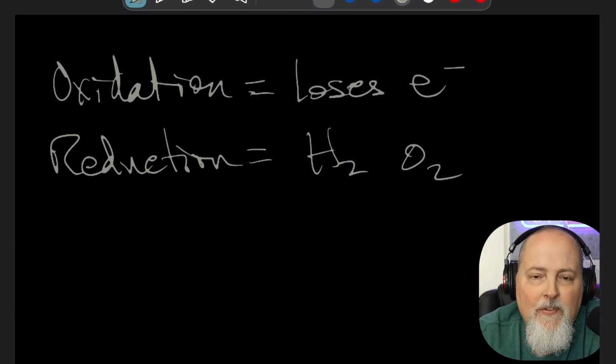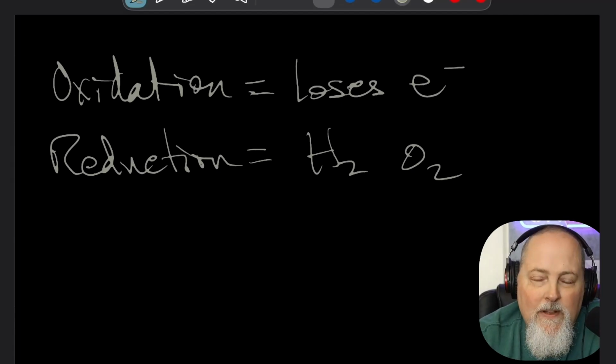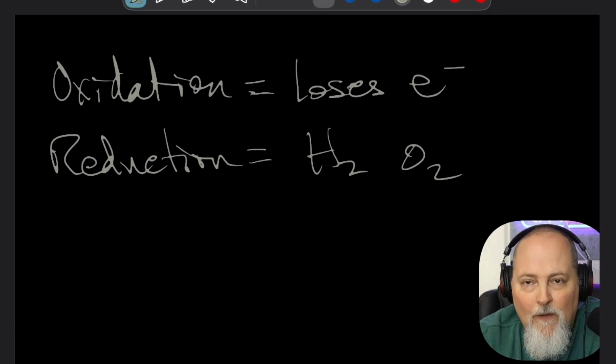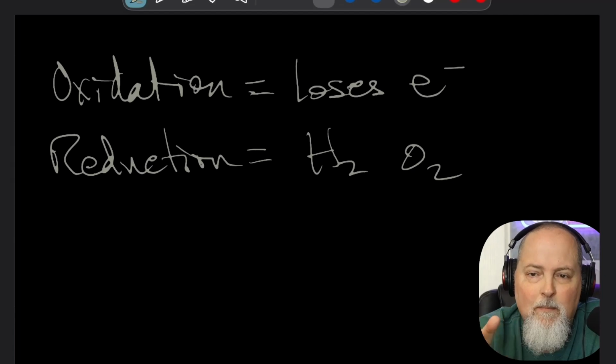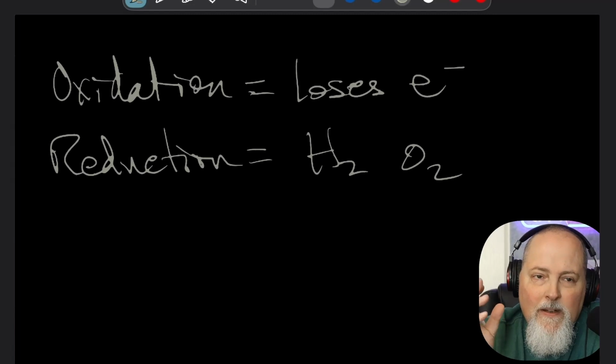But we also had this thing called passivity. Passivity is different. It means the metal forms a thin protective oxide film on its surface. The example that immediately comes to mind is aluminum.